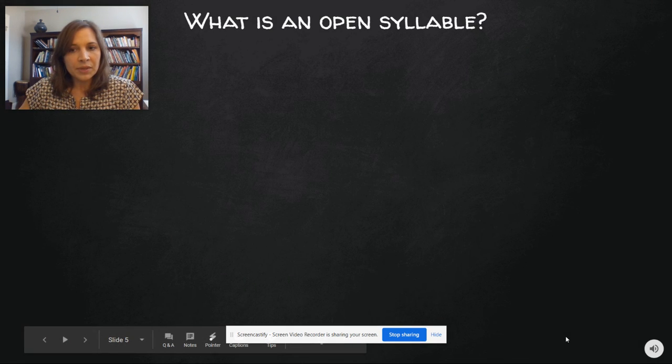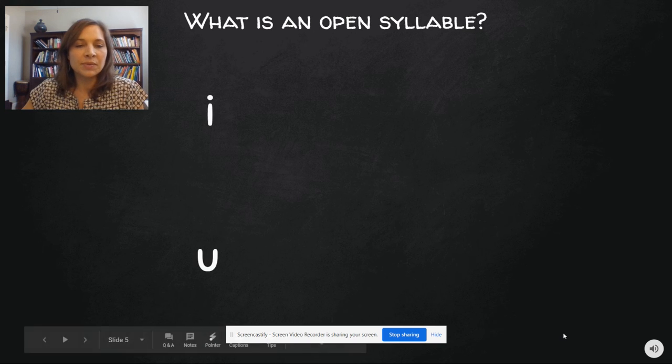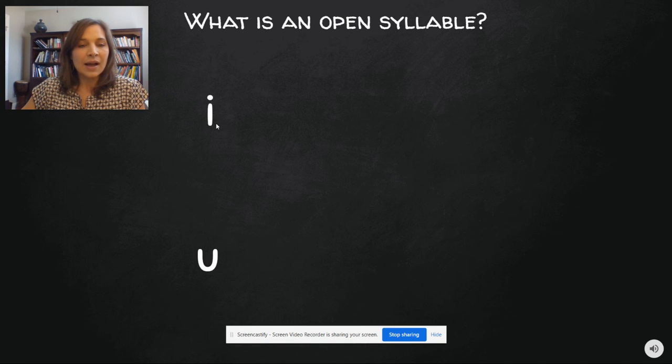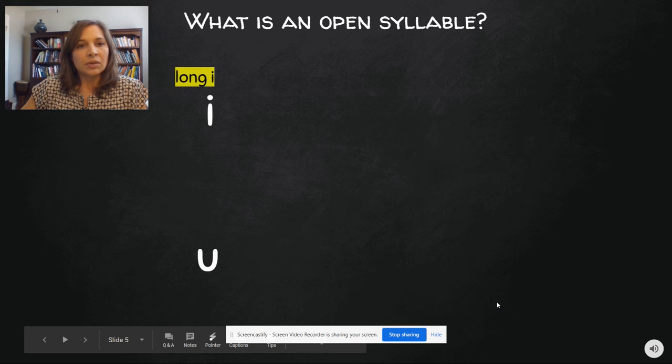We've got two more types here. We have the letters just hanging out by themselves, I and U. It would just say long I if it's hanging out by itself. Like even just when you see the word I, like "I'm going to do something," in a sentence. There's no vowel behind it, the vowel is at the end of the syllable because it's just by itself.